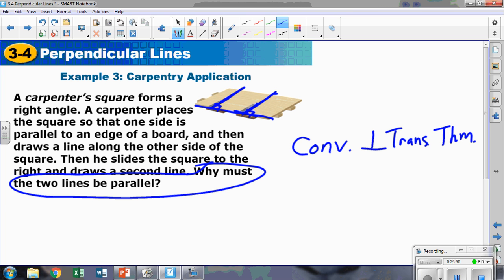We're done. Remember, the converse of the perpendicular transversals theorem says if you begin with a pair of 90s, then you get for free those lines actually are parallel. That's exactly what we were trying to do here.